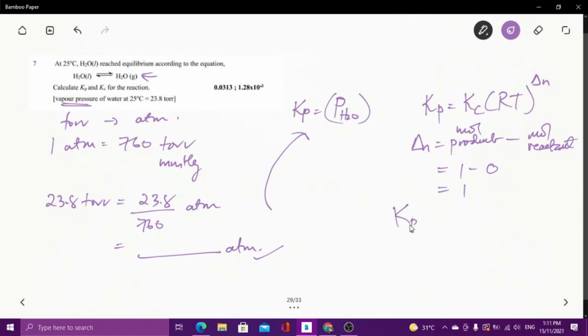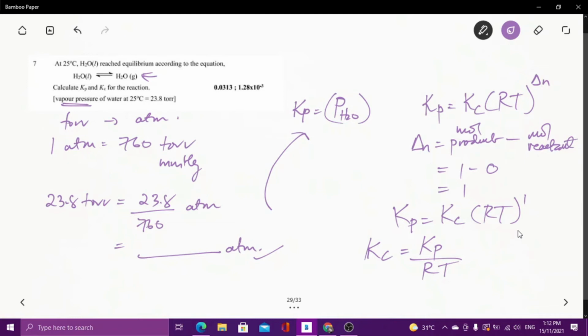Jadi Kp dia dekat sini is sama dengan Kc times RT to the power of delta n. That's it. To the power of 1. So anda akan dapat in terms of macam ni. Jadi anda perlu pindahkan that nak dapatkan Kc. So Kc anda nanti anda akan dapat dalam bentuk Kp bahagi dengan RT lah.